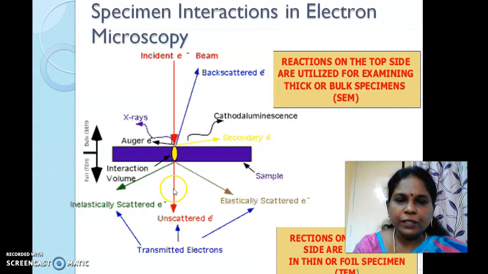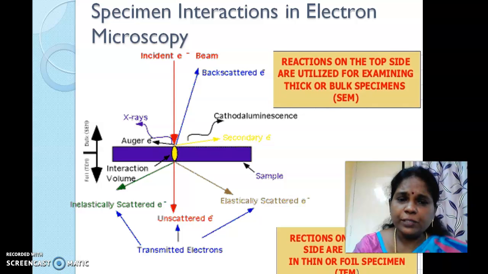Let me explain this with the specimen interaction in electron microscopy. The incident electron beam interacts with the atoms in the specimen, and these reactions happen at the top of the specimen. They are backscattered electrons, scattered about 180 degrees, and secondary electrons: when the incident electron interacts with the atom, the electron in the lower energy orbit, the K orbit, gets excited and ionized, and comes out as a secondary electron.